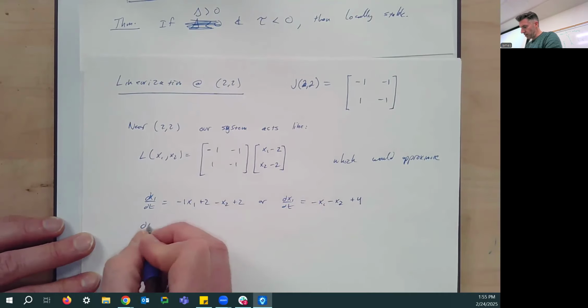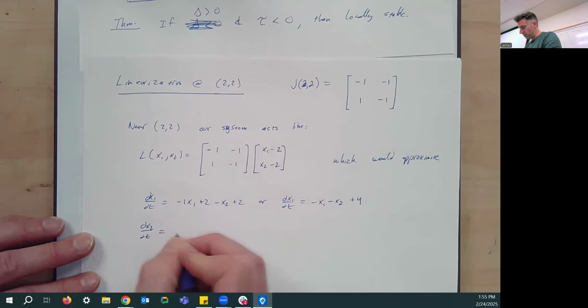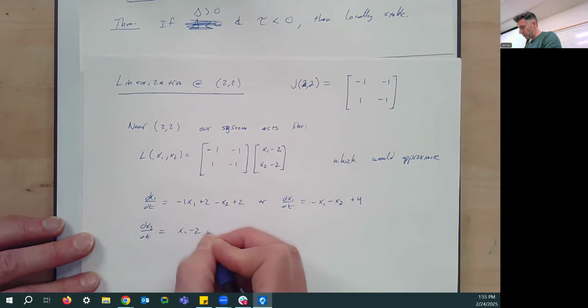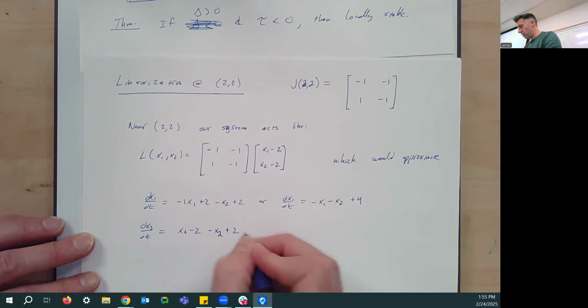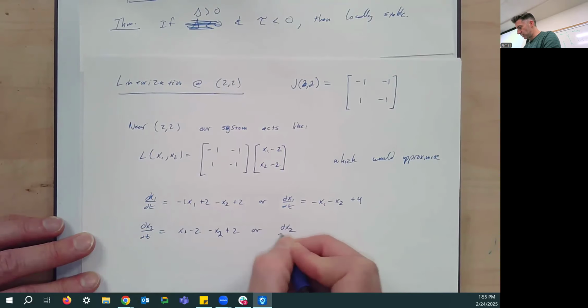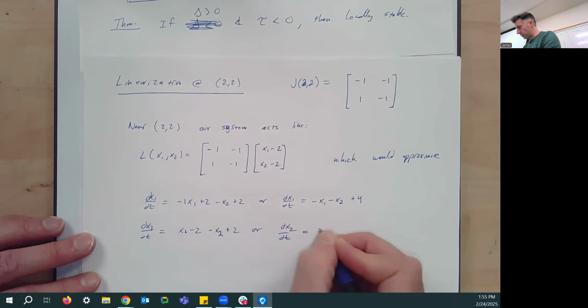And similarly, dx2/dt would equal (x1 - 2) - (x2 - 2), which would just be dx2/dt equal to x1 - x2.